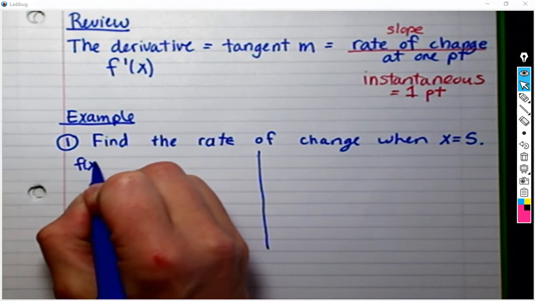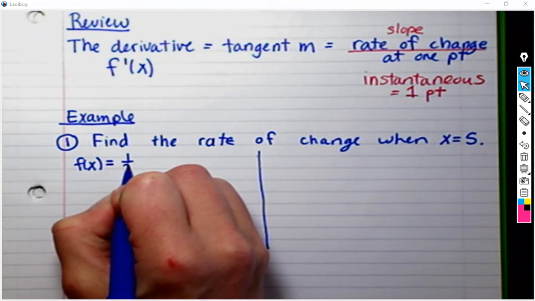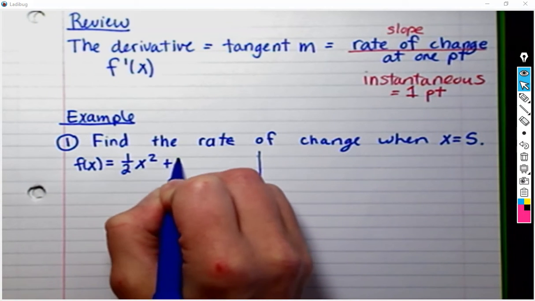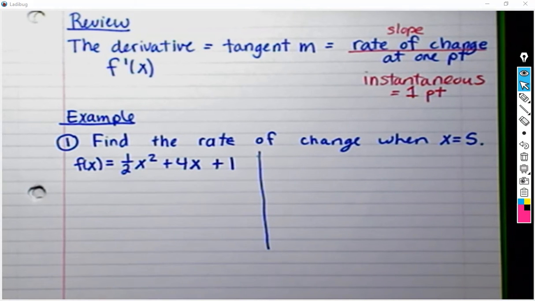I'm going to start by telling you f of x equals 1/2 x squared plus 4x plus 1. Okay. That's the given information. So the other stuff I'm going to write, I'll switch colors so that you can see what I'm interpreting from the question here.